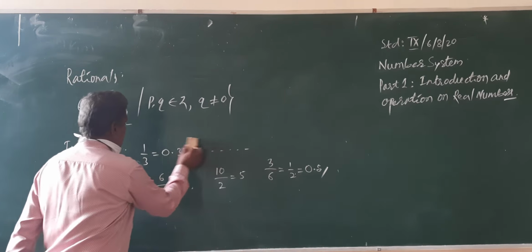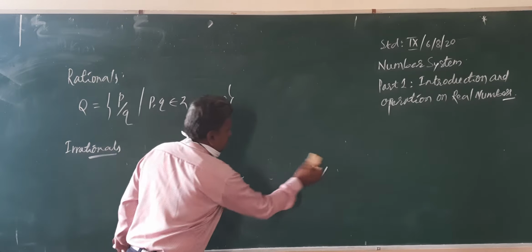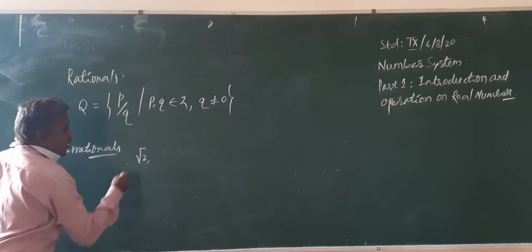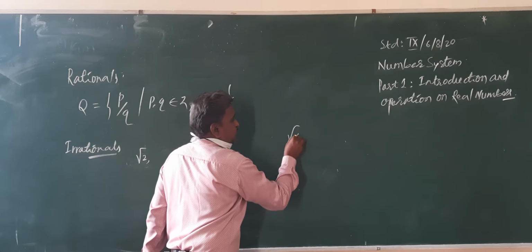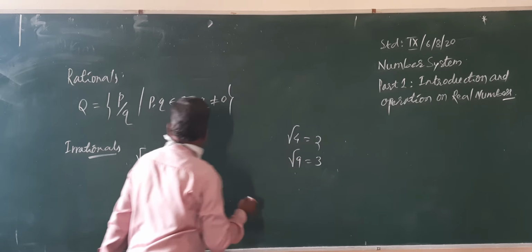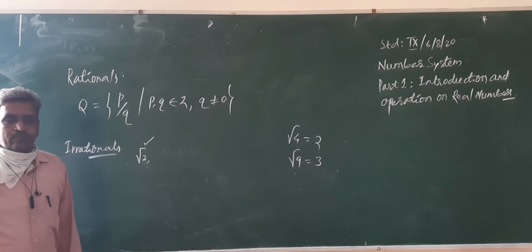Just for example, root 2. We know very well about that. The square root of 4 is 2, and the square root of 9 is 3. But what is the value of the square root of 2?